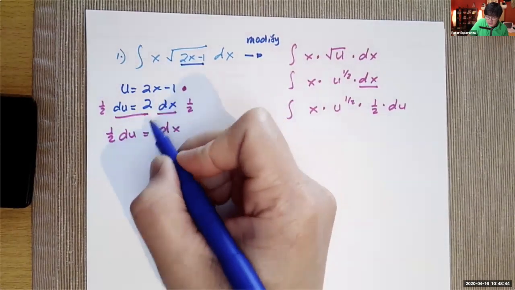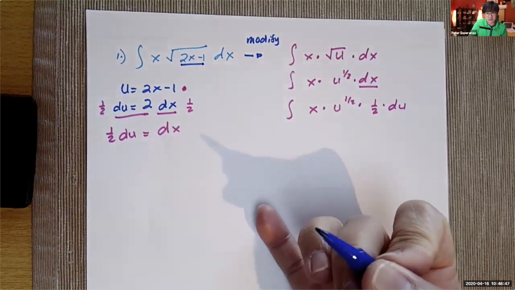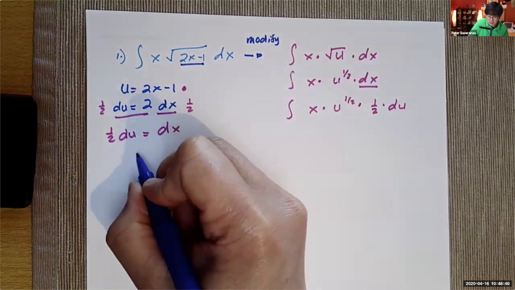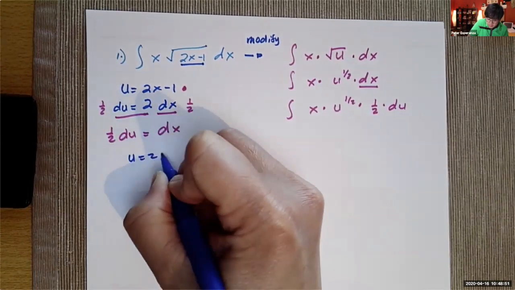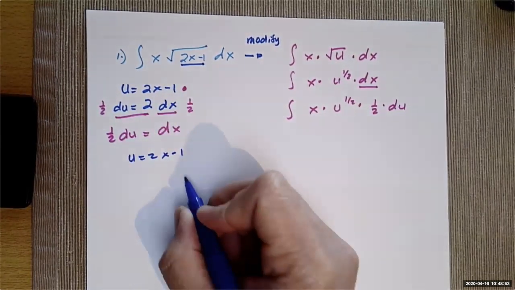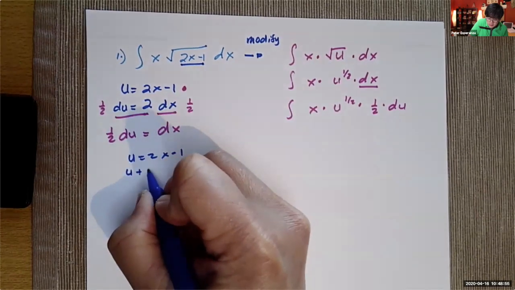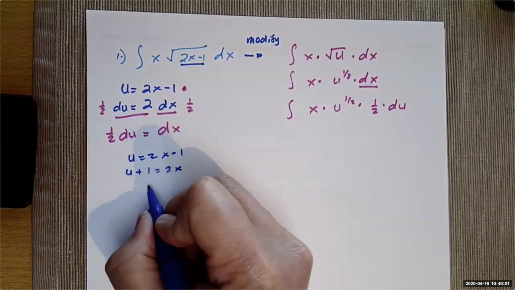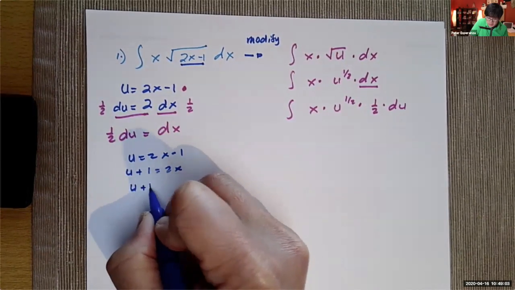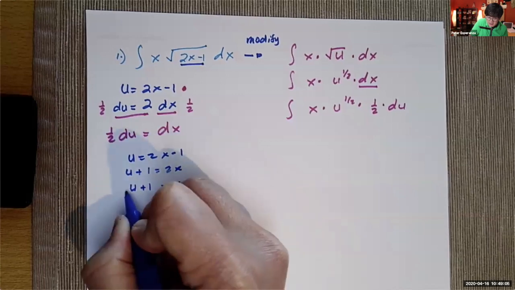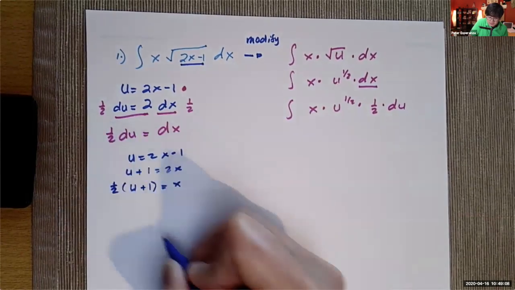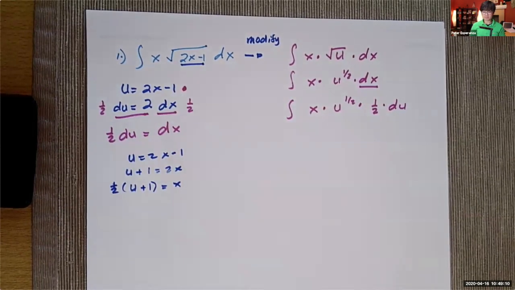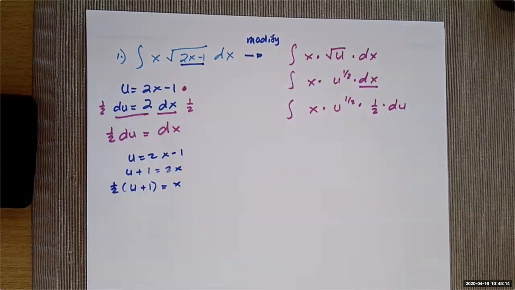Anyhow, if we're already here, might as well answer this. So u equals 2x minus 1 can be changed in terms of u using algebra. Changing it into an x, we'll have u plus 1 equals 2x, right? And then we have u plus 1 times 1/2 equals x, right? Okay.